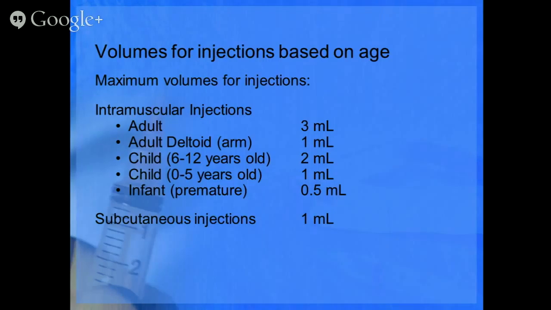For a child 6 to 12 years of age, we're looking at 2 ml. A child 0 to 5, we're looking at 1 ml. And an infant, we're looking at 0.5 milliliter. Your subcutaneous injection should not be more than 1 milliliter.